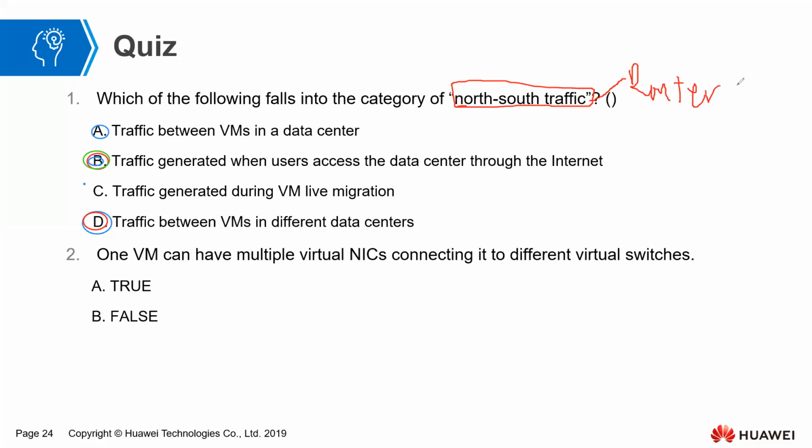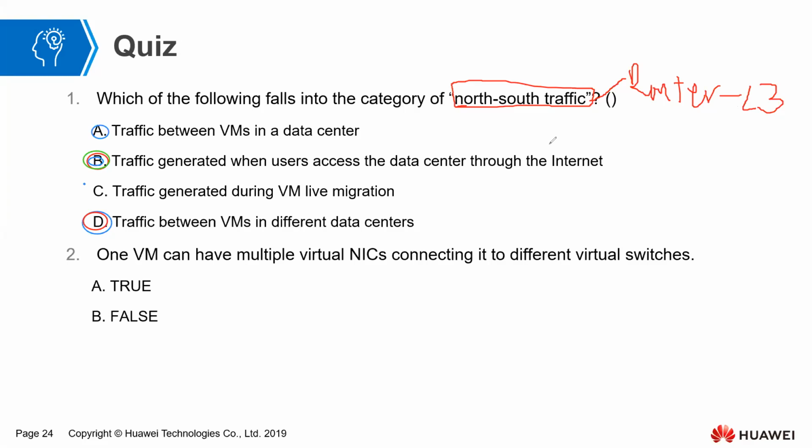Also, there's a colleague who talked about layer 3. I think a layer 3 switch is a router by definition. Yes. A router and a layer 3 switch do the same thing. But for the term north-south traffic, I don't think a layer 3 switch comes into the definition.